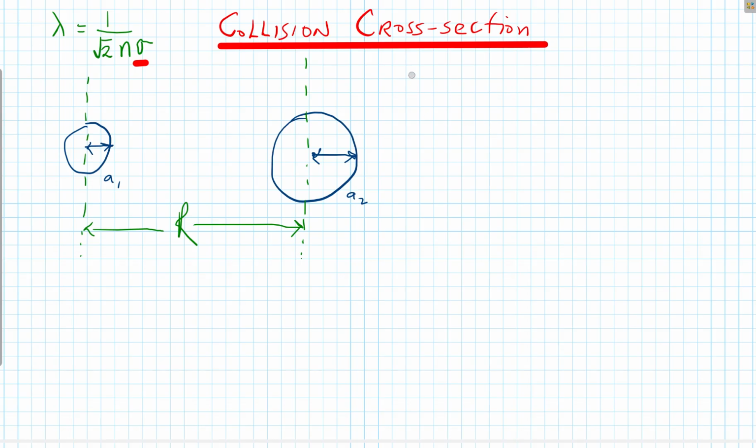And we consider these molecules as hard spheres, let's say balls, and so one can consider that these hard spheres are separated by some potential energy.